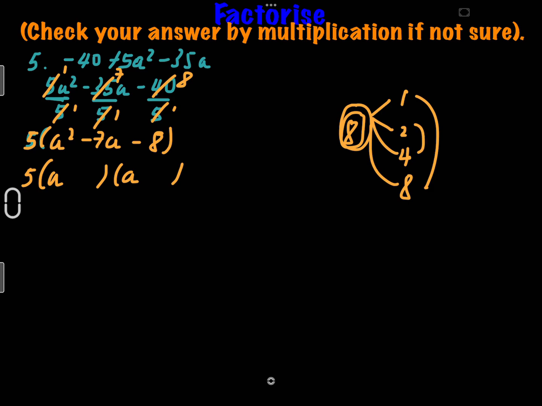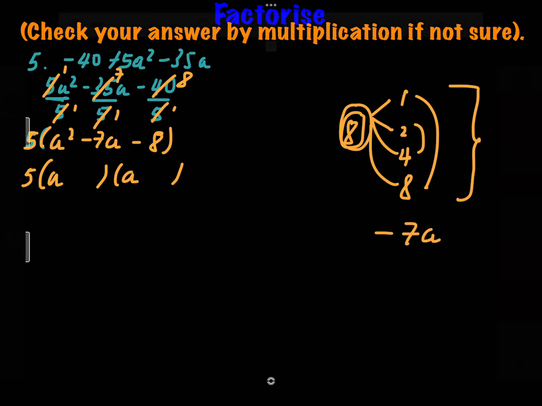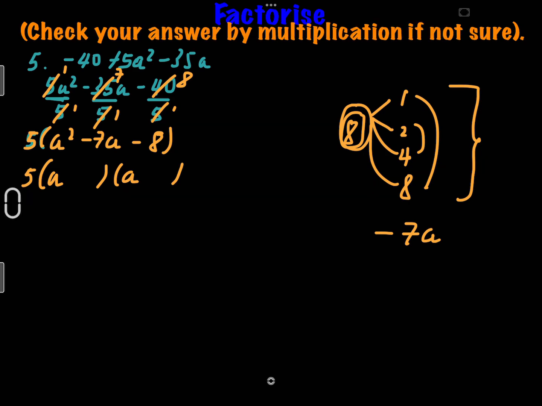So indeed, we need to find these factors. We want to consider 2 factors of this nature in such a way that when we add or subtract, they give us negative 7a. Remember, this is the negative 7 we want to find.